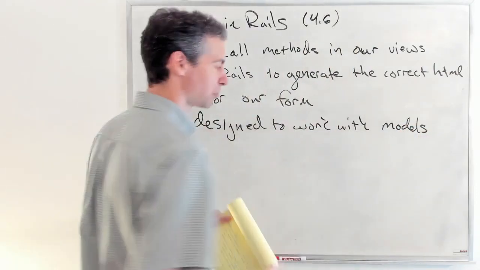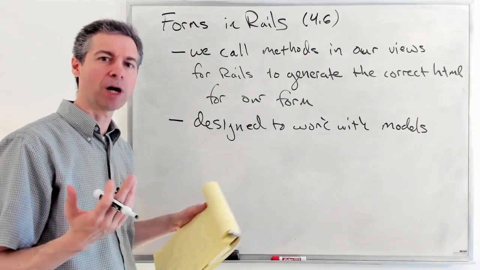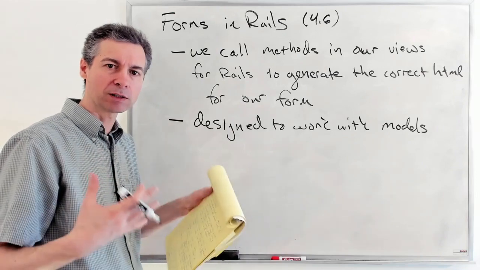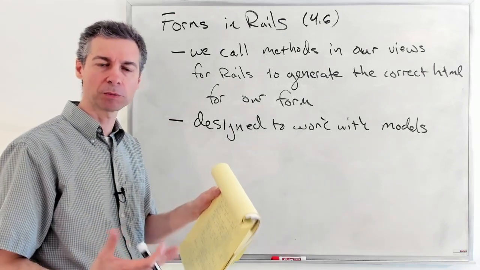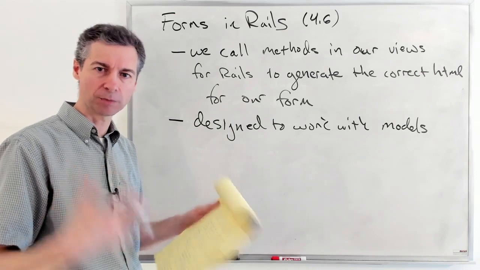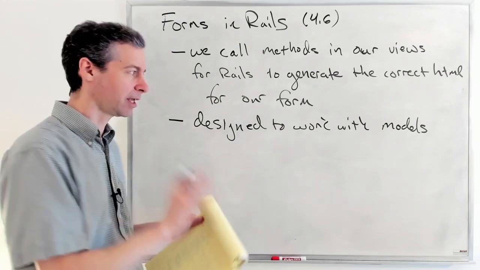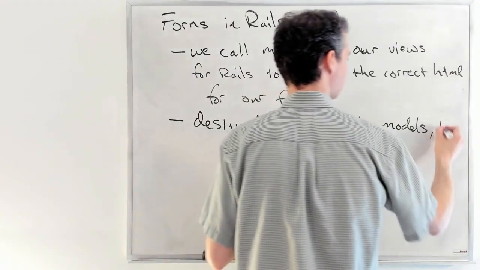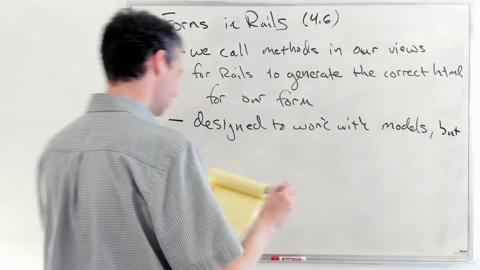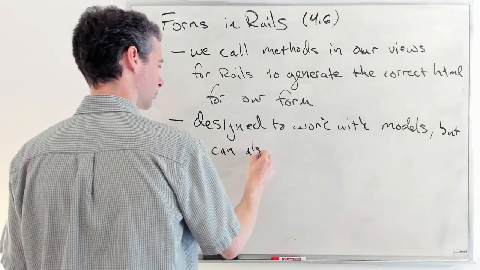So they're very intelligent to know how to deal with models. So we have a model and we're going to put it in the form. And the idea is we're going to collect information for that model from the form. It's definitely built up and designed to handle that. But just so you know, it can also work without a model.